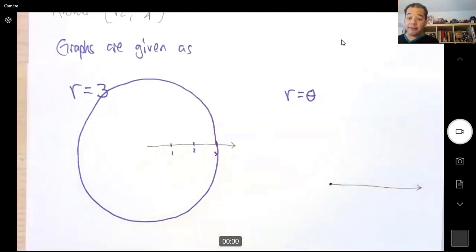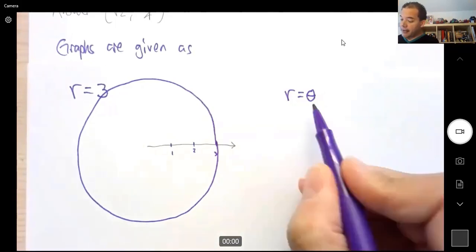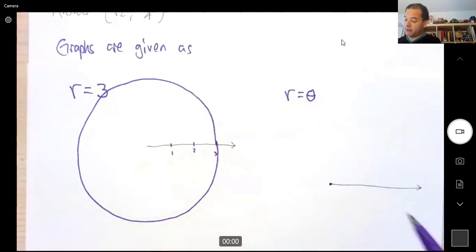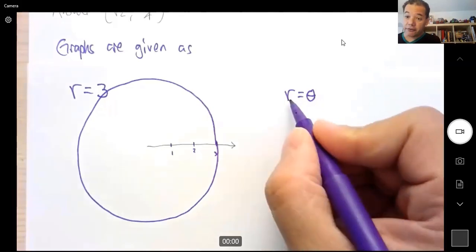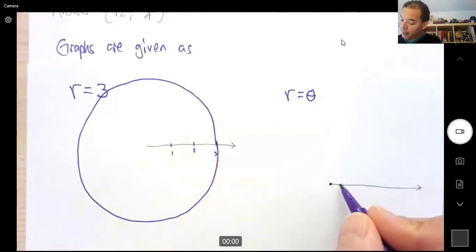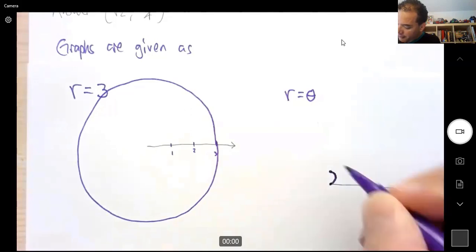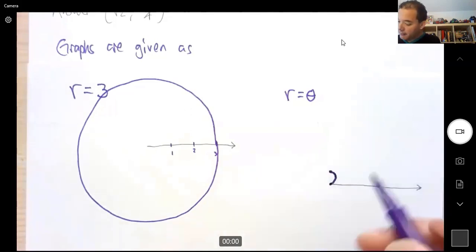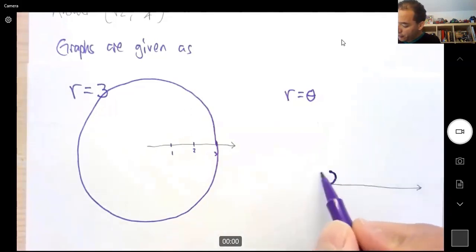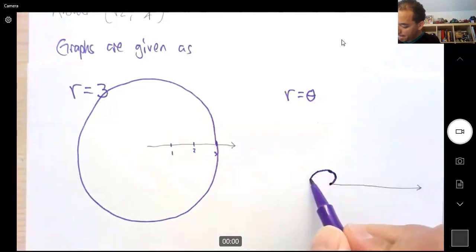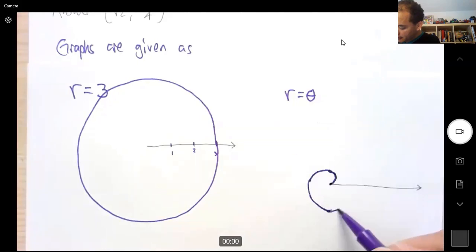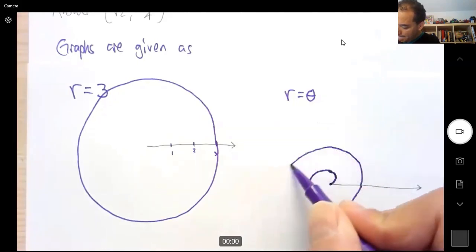And then as the angle starts growing, say from 0 to pi over 2, the radius grows as well. So it starts growing and growing and growing, and then at pi over 2, I'm right here. Then if I keep going, from pi over 2, it grows to pi, and then to 3 pi over 2, and then to 2 pi, and so on, right?